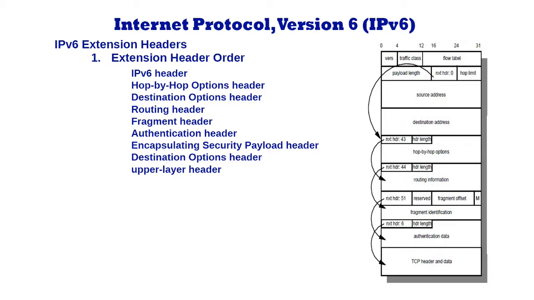First, IPv6 header, then hop by hop option header, then destination options header, then routing header, then fragment header, then authentication header, then encapsulating security payload header, then destination option header, and at last upper layer header.